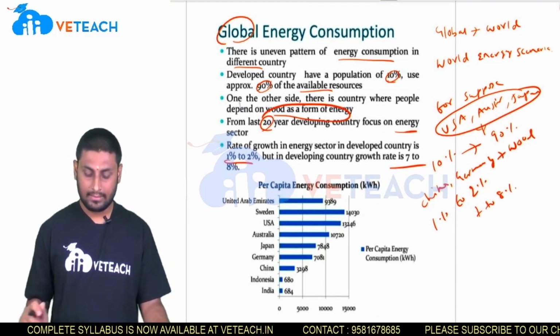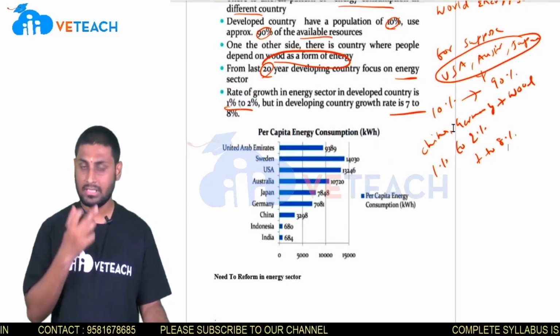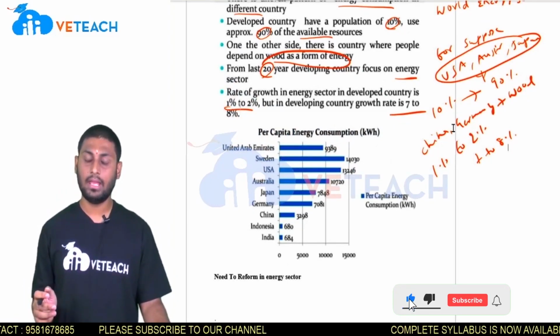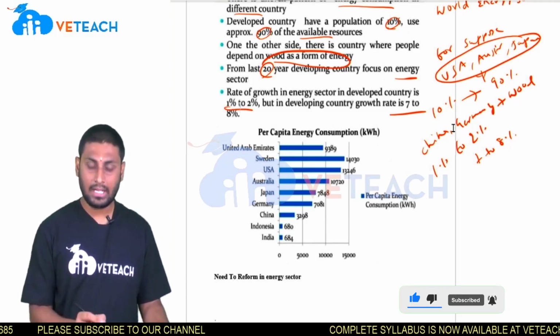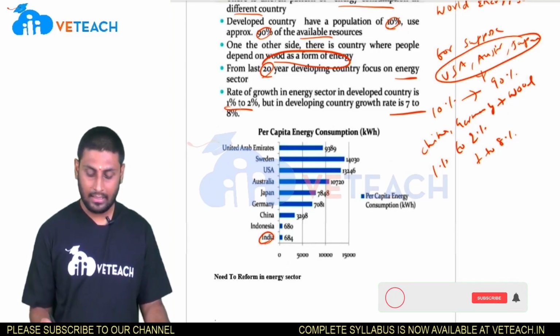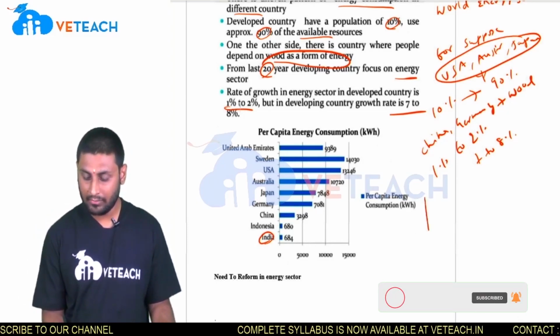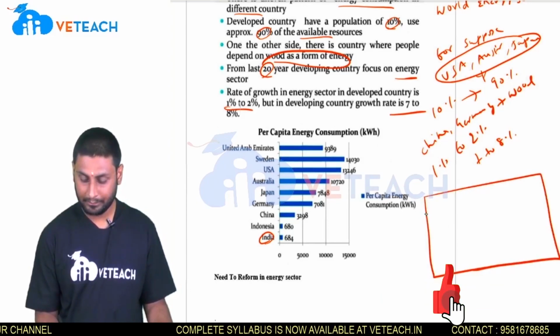Now let us see the graph of different countries increasing their per capita energy consumption. Let us start with India. Let us note it in a tabular form to understand easily. Take one table.